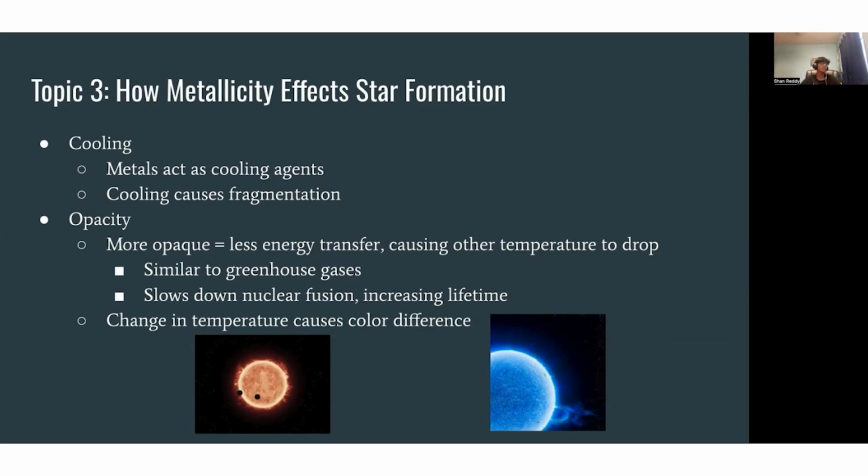This slows down nuclear fusion as less energy can be transferred, which increases the overall lifetime of the star. As mentioned before, the change in temperature also causes color difference. The star on the left is a red and yellowish star, and this is a relatively low temperature star like our sun. On the right, however, we can see a very high temperature star, which is why it is blue and white.